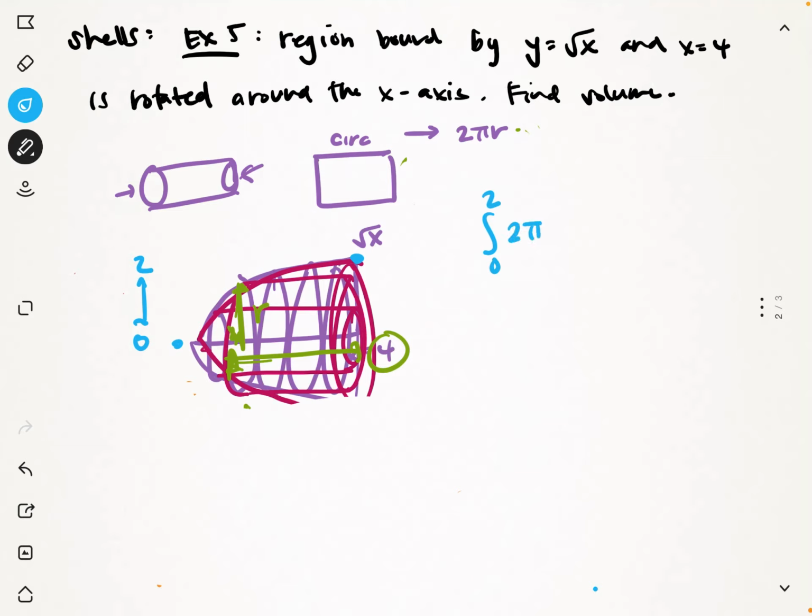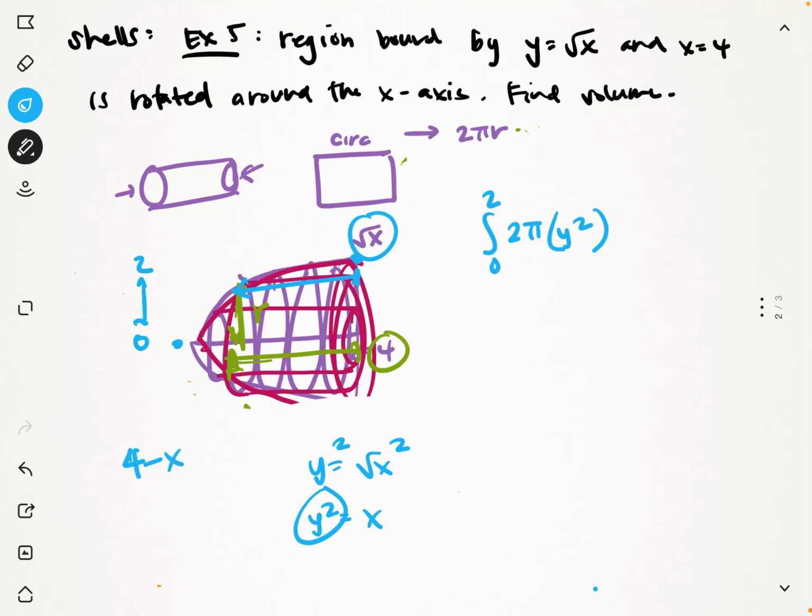We're still doing 2 pi. Now our circumference, we need to solve this in terms of y. So y equals square root x, so we're going to solve this for x. We know that the radius is going to be y squared. And then our height is going to be a little bit different because we need to do this in terms of y. We do know it's 4 minus x, right?